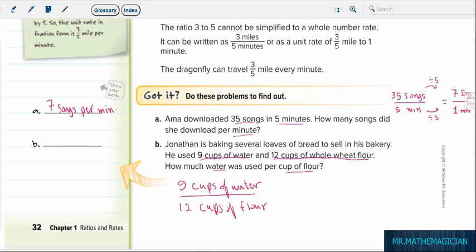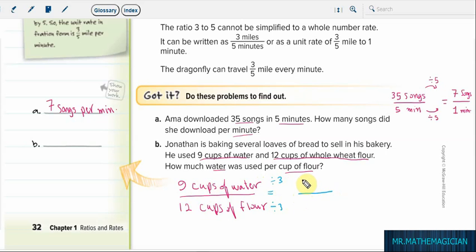Now I will divide up and down by 12. I know that 9 is not divisible by 12, but we can simplify. So let's divide first up and down by 3. Divide by 3 up, divide by 3 down.